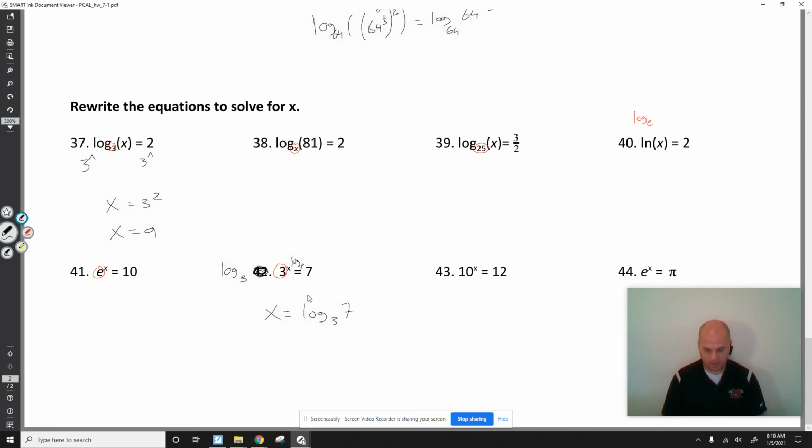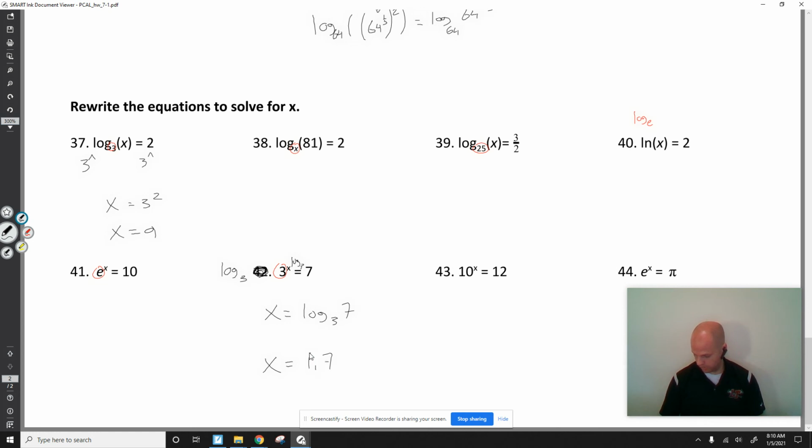This number is going to be a fraction, like 3 to what power is 7? I know it's something less than 2 but greater than 1, because 3 squared is 9 and 3 to the first is 3. We'd be able to figure that out using a calculator, which I'm not going to stress right now, but next class we'll talk about typing it in.